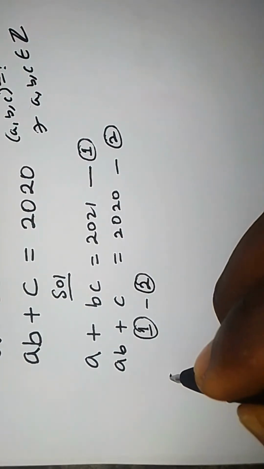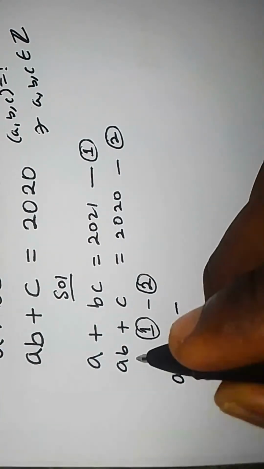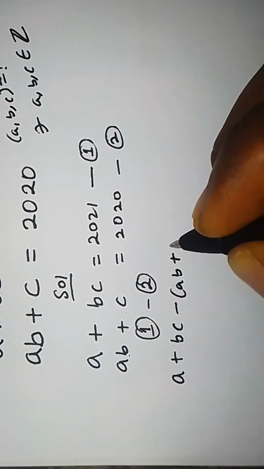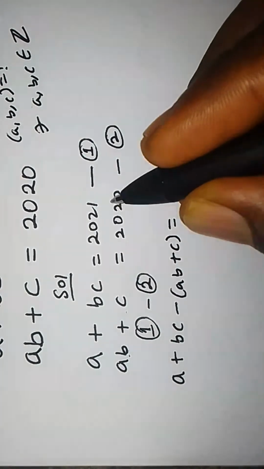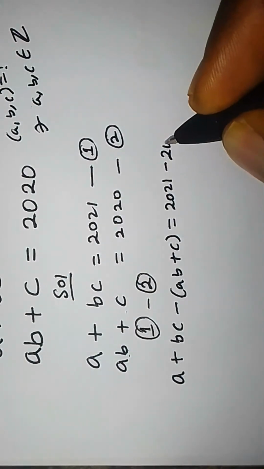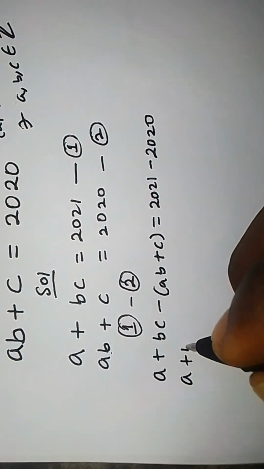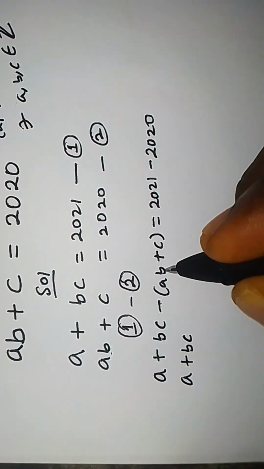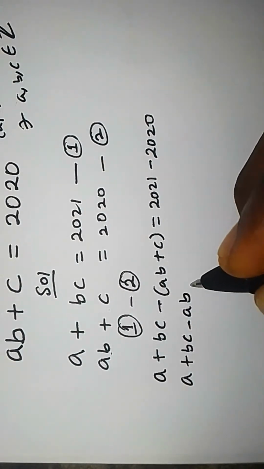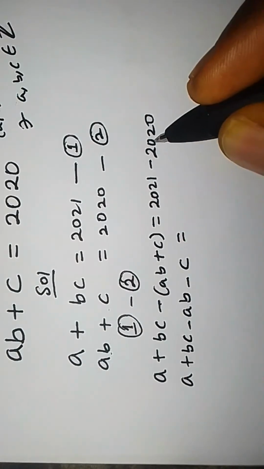So that will be A plus BC minus this left hand side, AB plus C, equals 2021 minus 2020.